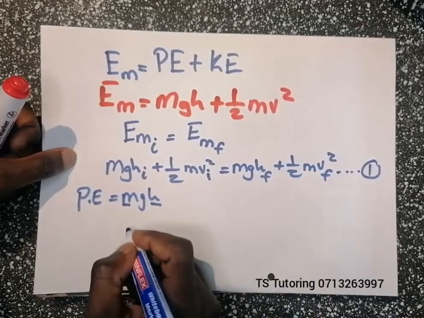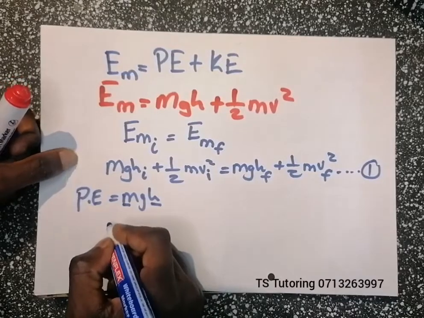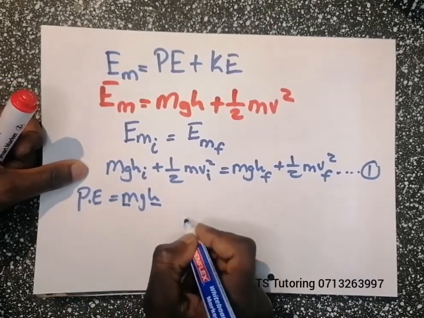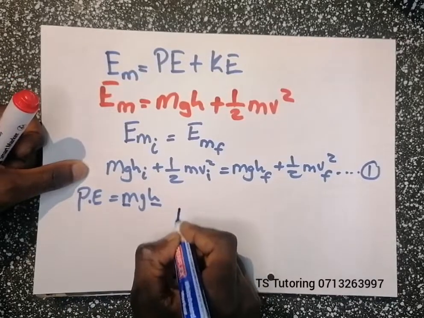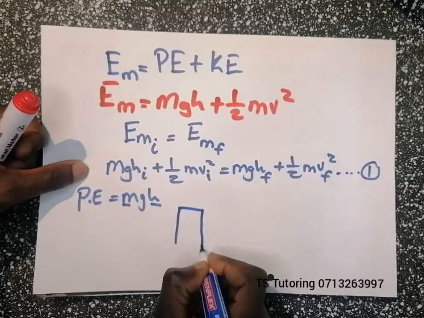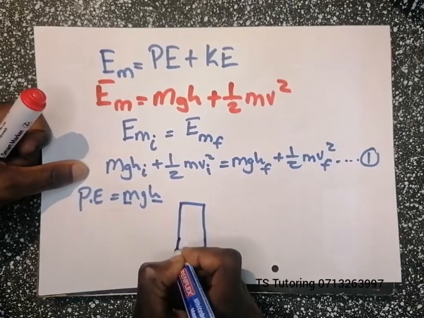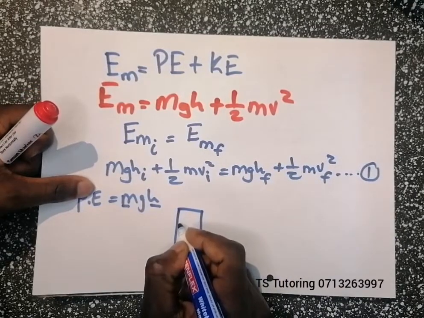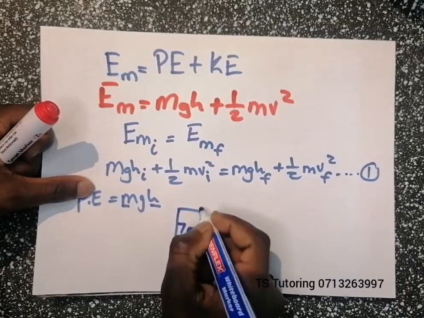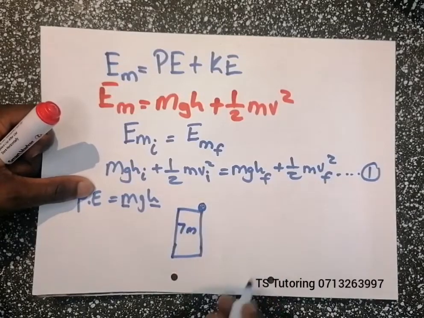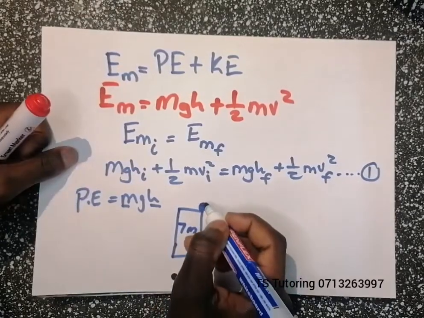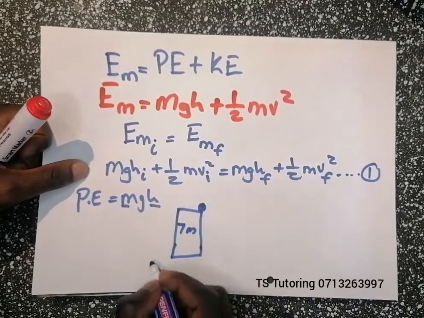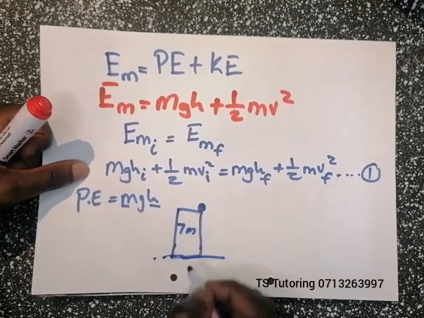So let's say, for example, an object is at the top of a building, and the height of the building is 7 meters. When that object is there, from the ground its height is 7 meters.